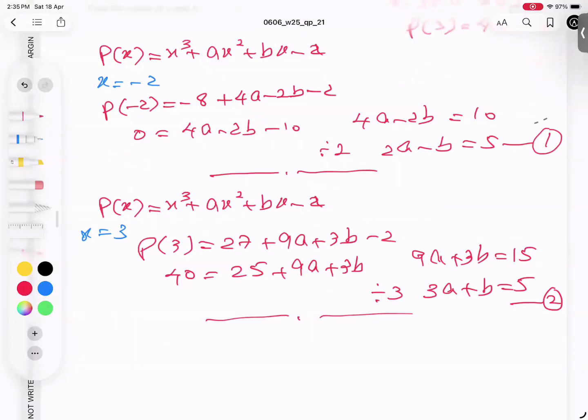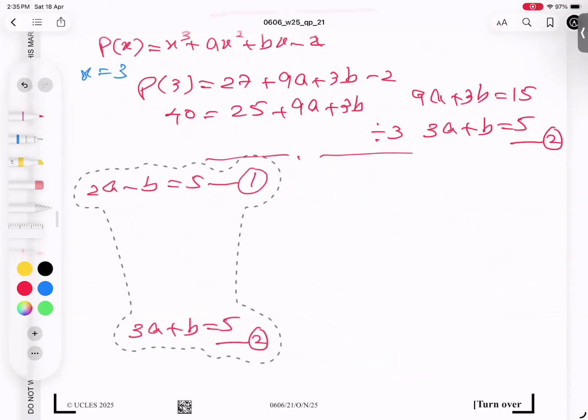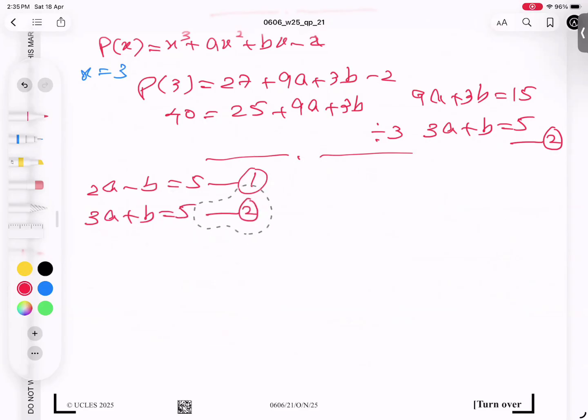Now solve them simultaneously. I'm going to copy both equations and paste them here. So obviously it is very clear, b cancels out and I can say 5a equals 10, and the a value becomes 2.